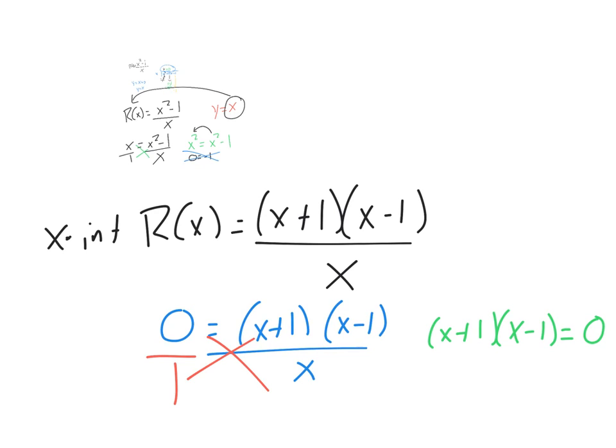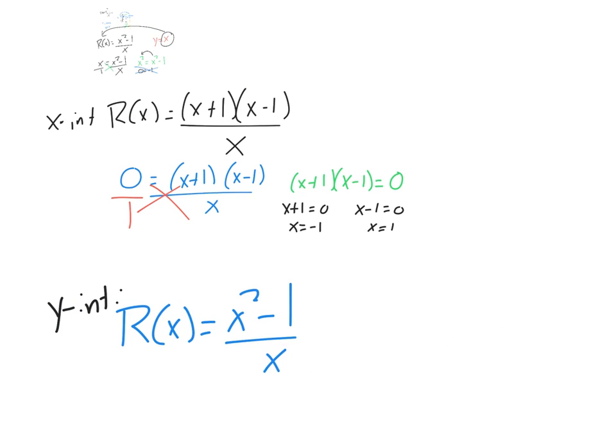Now you've got two things multiplied to give you 0. That means either x plus 1 is 0 or x minus 1 is 0. So x is negative 1 and x is 1. So I found two x-intercepts here at negative 1 and 1.